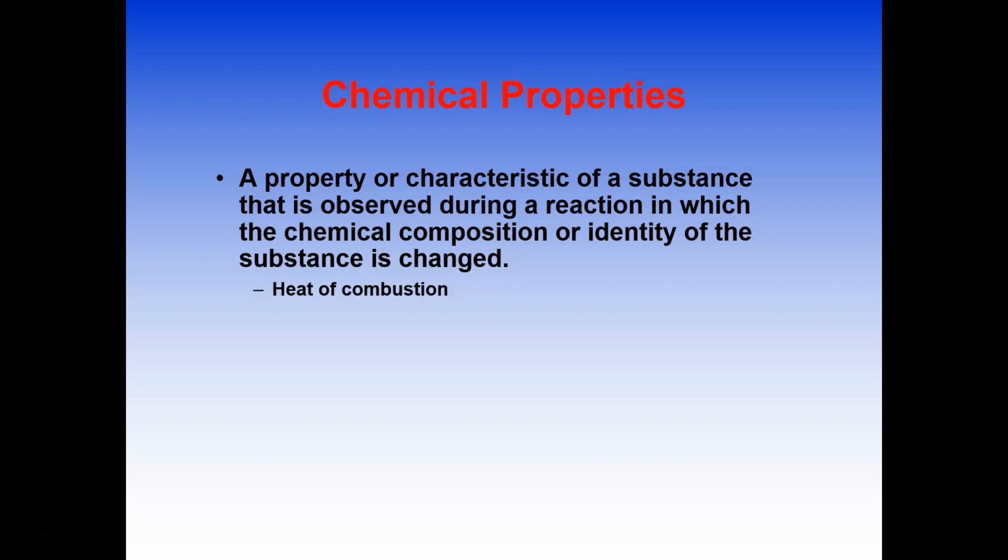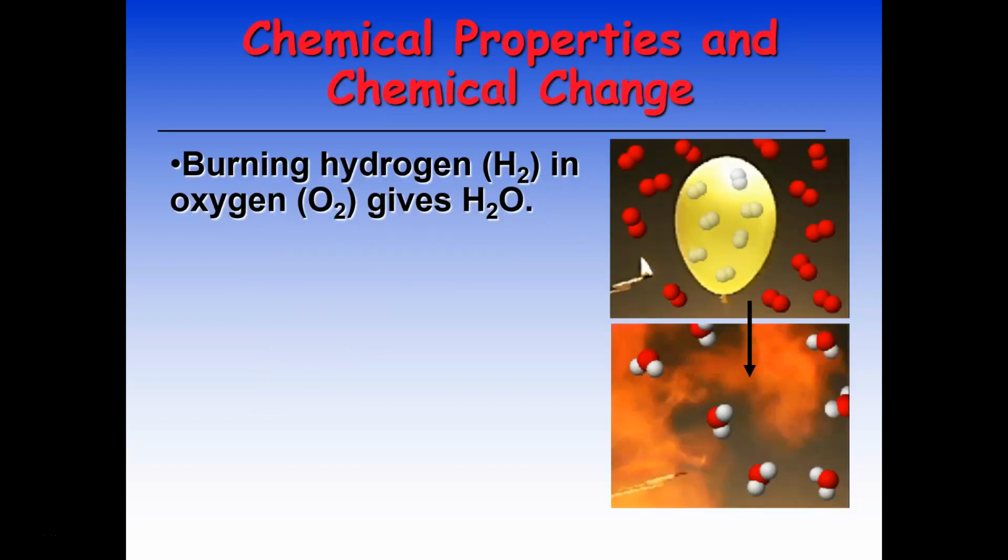Some examples of this are heat of combustion, flammability, its ability to catch on fire, toxicity, how poisonous it is to people and things, reactivity, how much it reacts with other elements, and rusting. I'm sure you have seen iron turn orange, and that is rusting, and it is a chemical property.